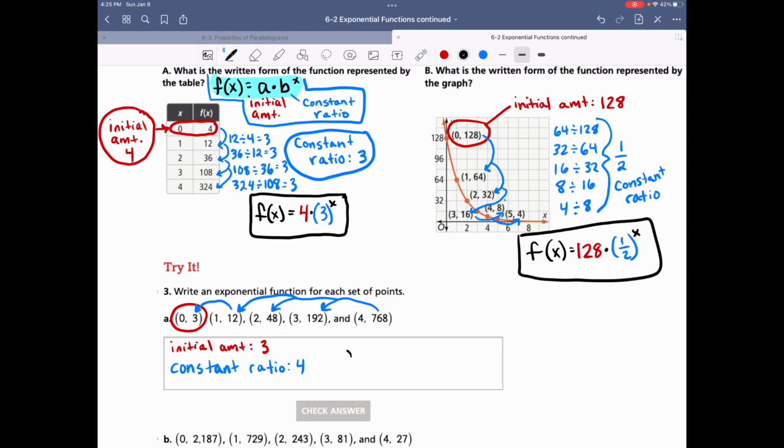The function is f of x equals the initial amount times the constant ratio raised to the x power.